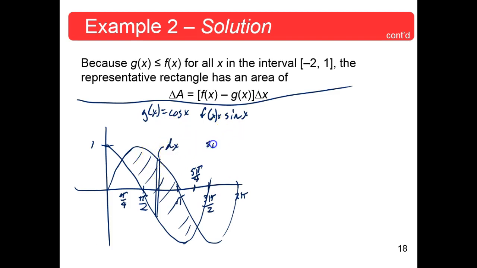And what's the length of it? The length is sine x minus cosine x. And then the integral will be the total area from pi fourths to 5 pi fourths, and your thickness is dx. Now, I don't know if you like to put parentheses in there or not.